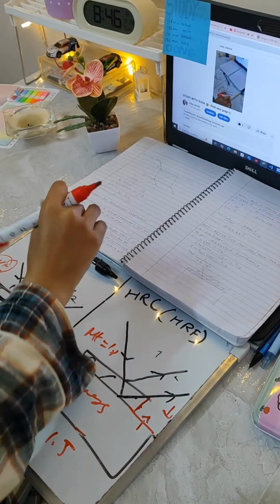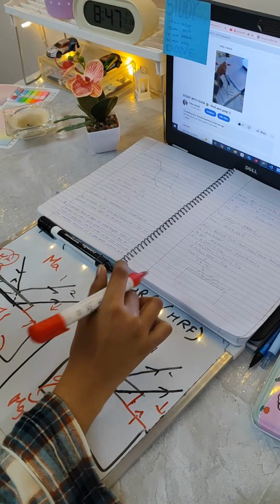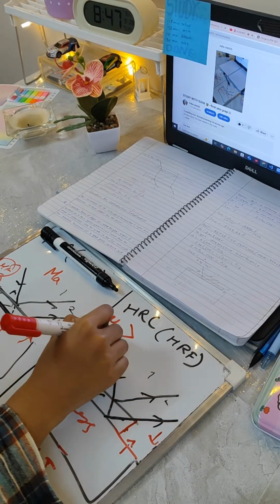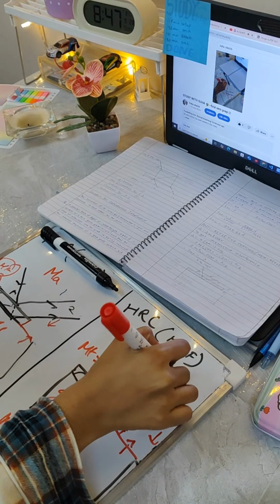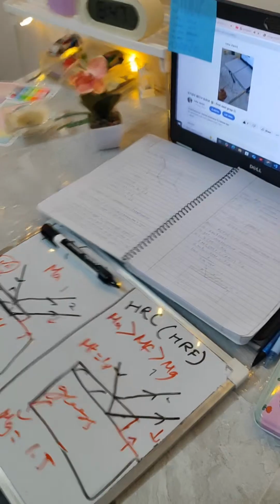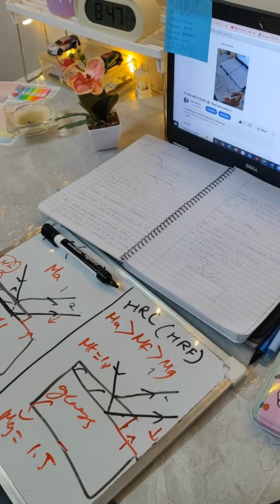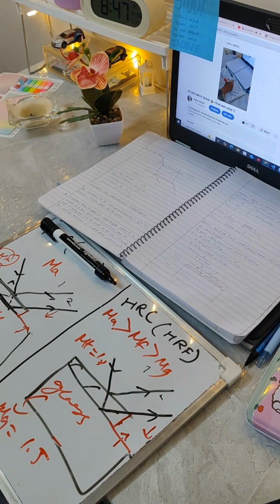And as far as the video I watched, mu A, which is air, should be less than mu F, and that should be less than mu G. So yeah, that is that.